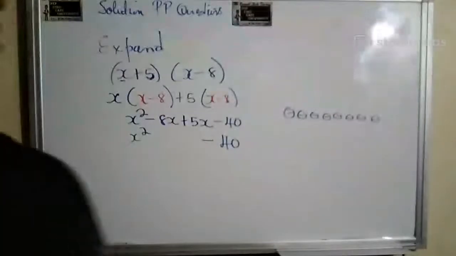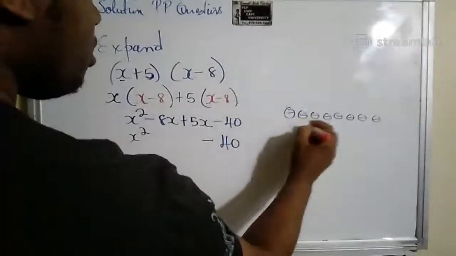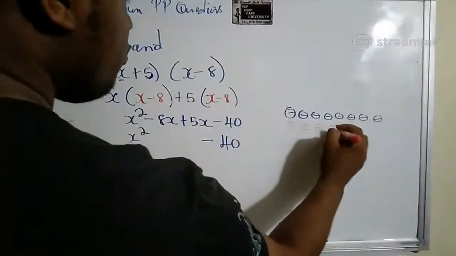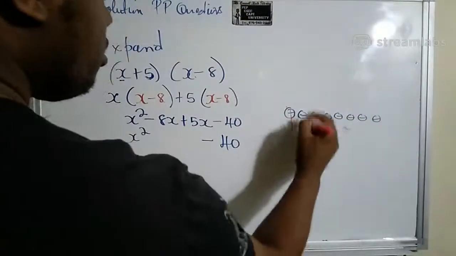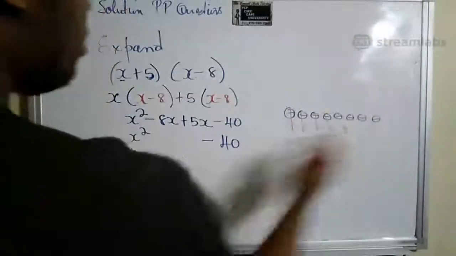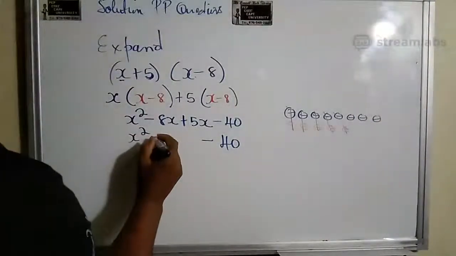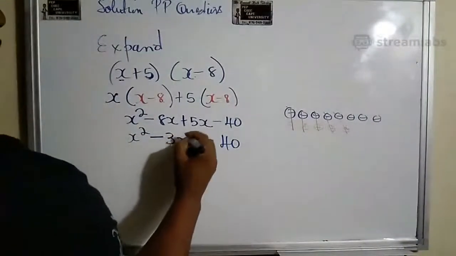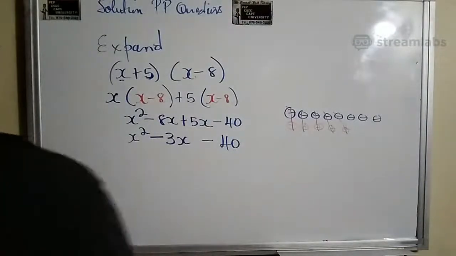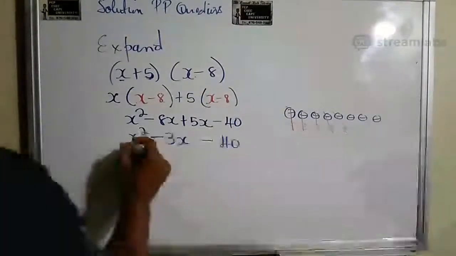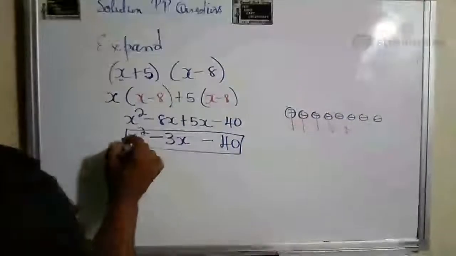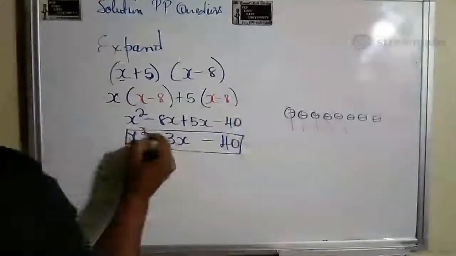Put it in red this time: 1, 2, 3, 4, 5, right? Each one cancels, so we're left with negative 3x. And that's it. That's the answer: x squared minus 3x minus 40.